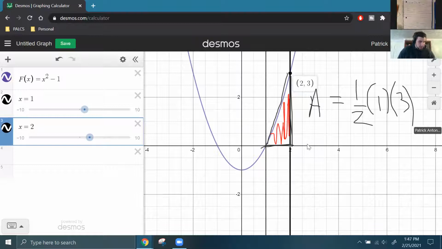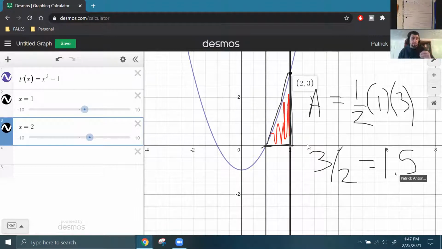So 1/2 times 1 times 3 gives us 3/2, which is 1.5. So when I calculate this, I know my answer should be close to 1.5. It's probably going to be a little bit less than 1.5, but that's a ballpark.